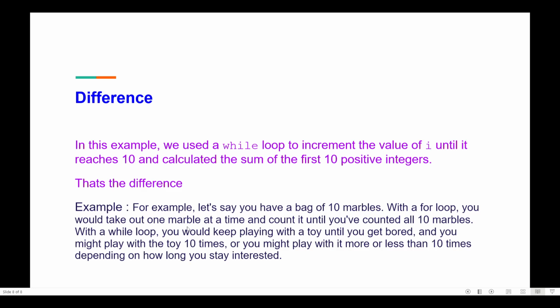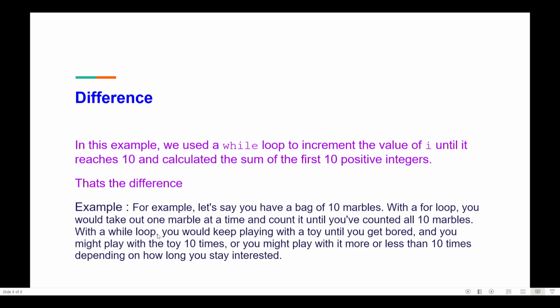So here is another example of while loop and for loop. For example, let's say you have a bag of 10 marbles. With a for loop, you would take out one marble at a time and count it until you have counted all the 10 marbles. So that's what happens in a for loop.